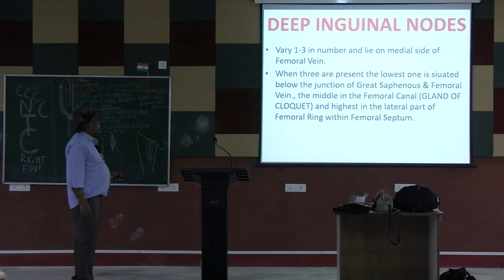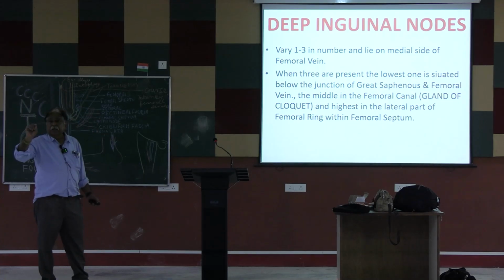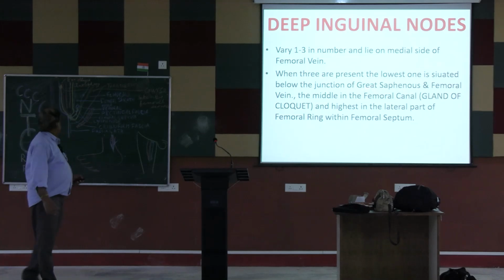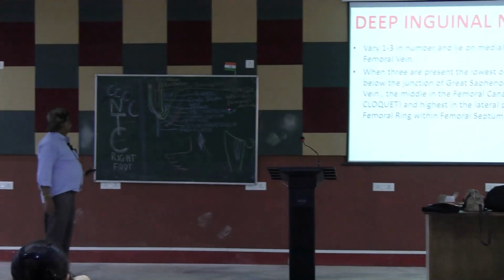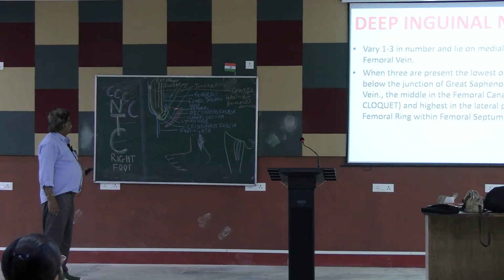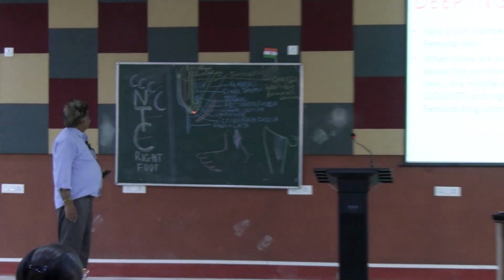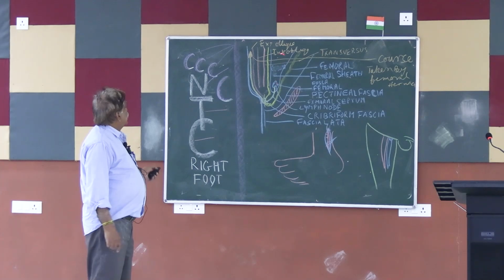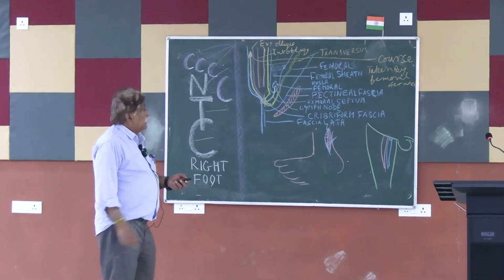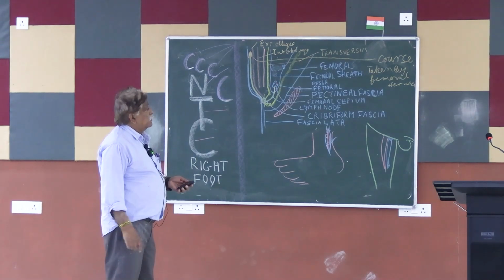This can be an MCQ or a short note. So over here, the femoral canal, the lymph node here, this is the gland of Cloquet.